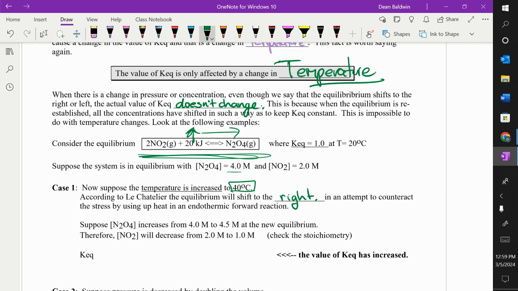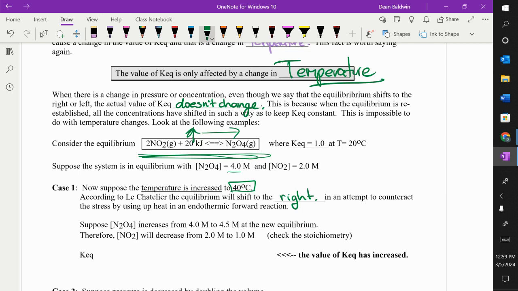Right, that makes sense. If we increase this by half a mole, whatever you want to call it, right, we need 2 moles of this to do that, right? Does that make sense? Okay, so this goes down by 1 mole, this goes up by 0.5 moles.